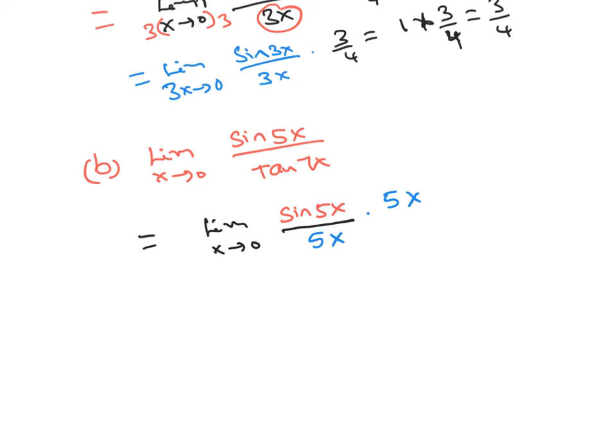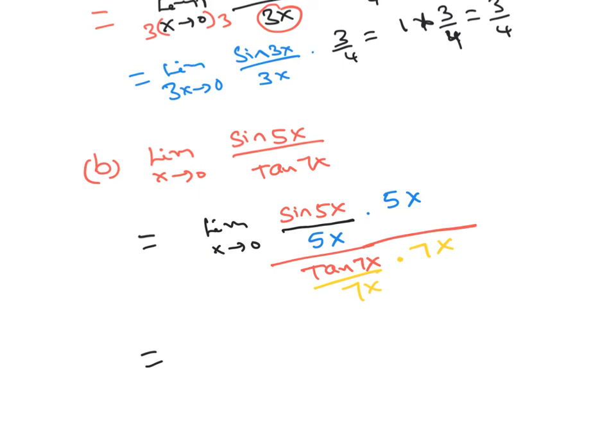So I multiplied and divided by 5x, and I got those. But I still have tangent 7x on the bottom, so I'm going to write that. For the very same reason, I need a 7x here, so I need to multiply that so that I can balance the equation.